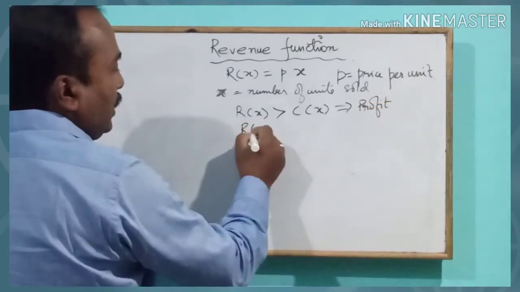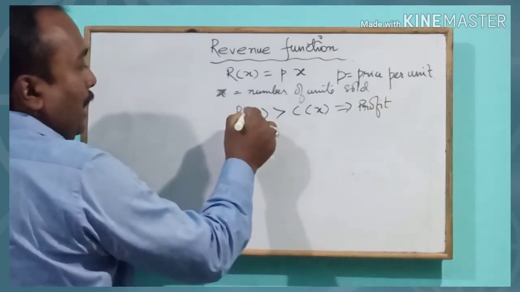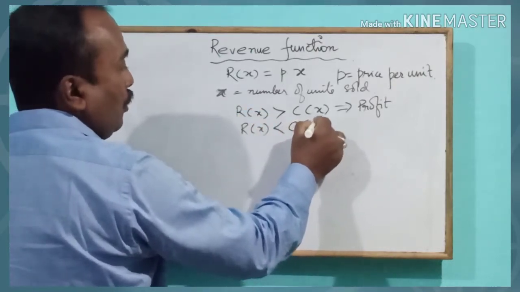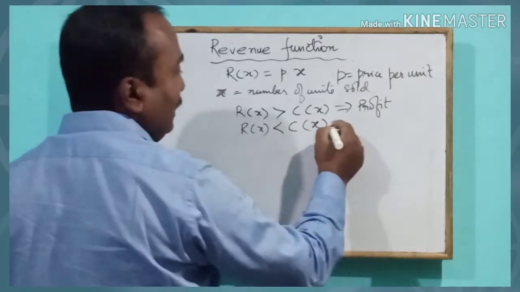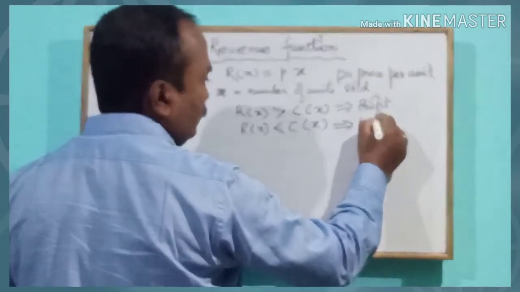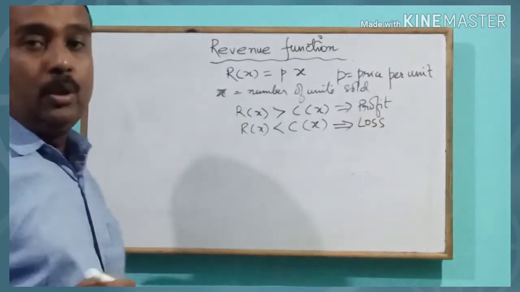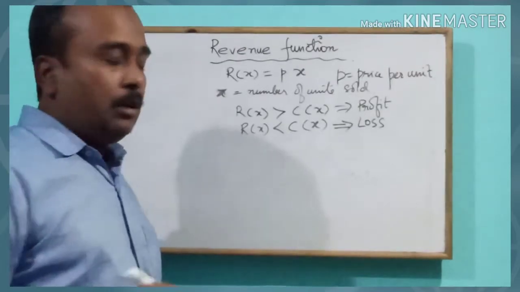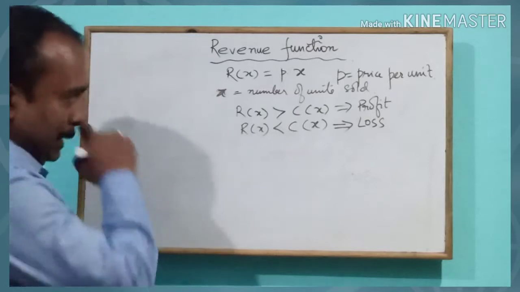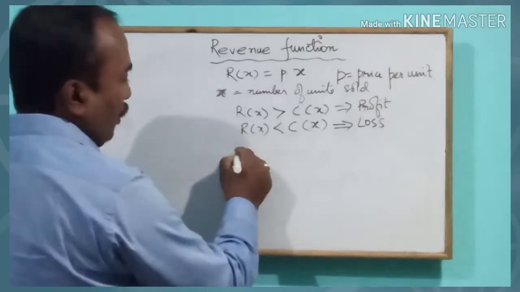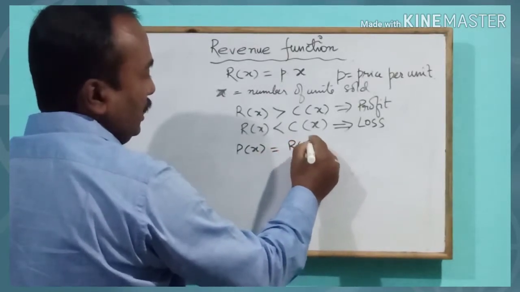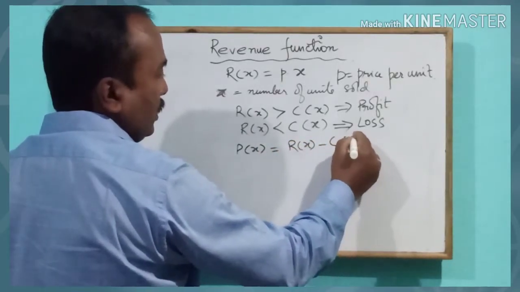And if revenue at this X number of units is less than the cost for producing X units, then it is loss. So revenue minus cost is profit, and cost minus revenue is loss. So profit function P(x) is equal to revenue function minus cost function.